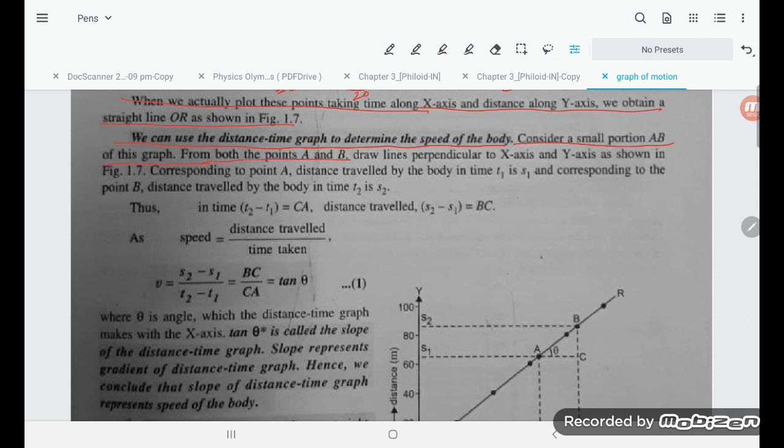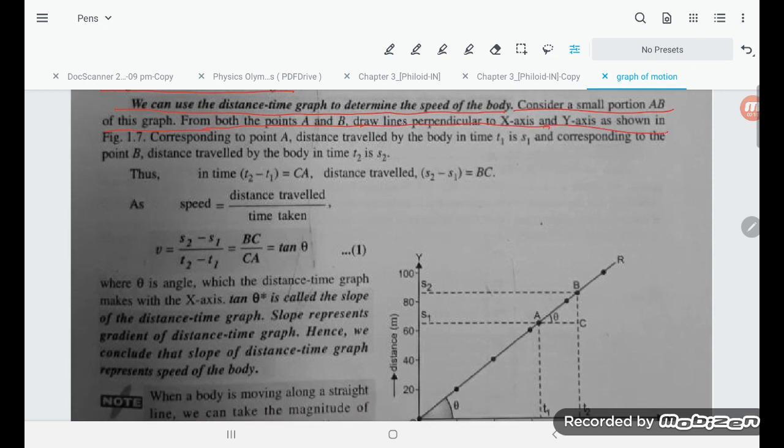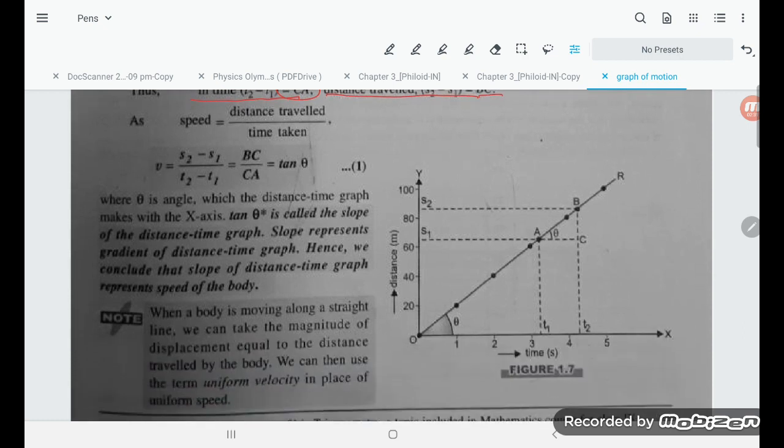From both points A and B, draw lines perpendicular to the x-axis and y-axis. Point A corresponds to distance traveled s1 in time t1, and point B corresponds to s2 in time t2. So the time taken is t2 minus t1, which is CA, and the distance traveled is s2 minus s1, which is BC.